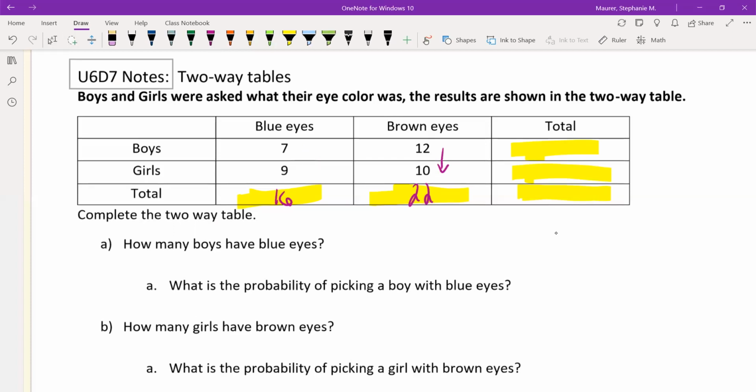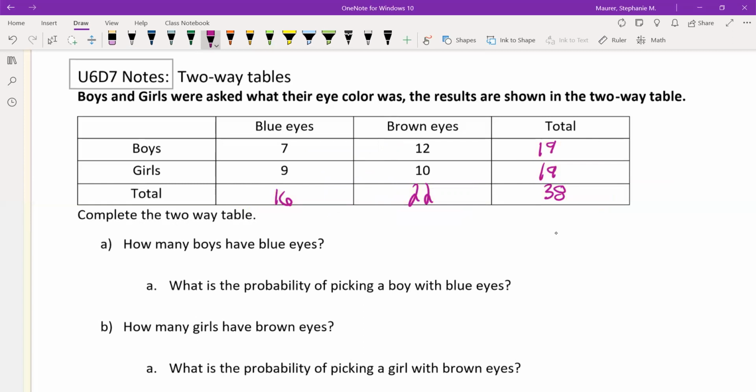Going this way, 7 plus 12 would give me 19. And 9 plus 10 gives me 19. The last category here is the total, and it doesn't matter whether you look this way or you look that way. It actually ends up being the same. You get 38. So again, anytime in a two-way table, the first thing you should always do is fill in all of the blanks. Okay.